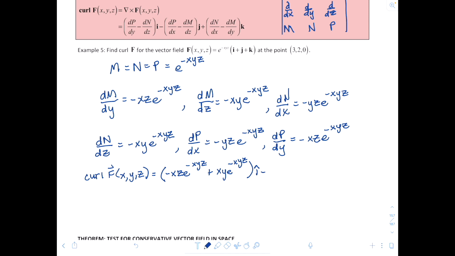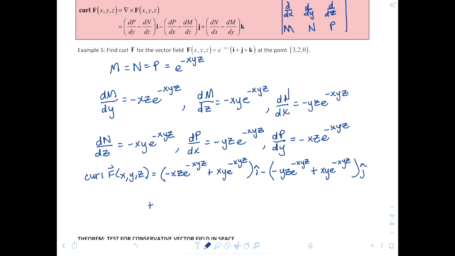And then minus dP/dx was negative yz e to the negative xyz, minus minus is plus, so then we'll have dM/dz, so xy e to the negative xyz, that one is times j.